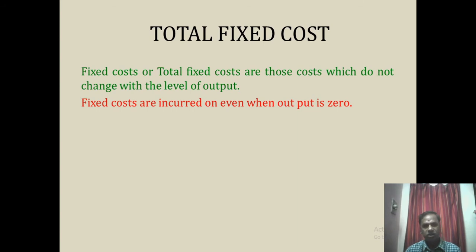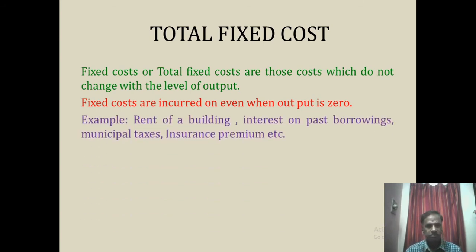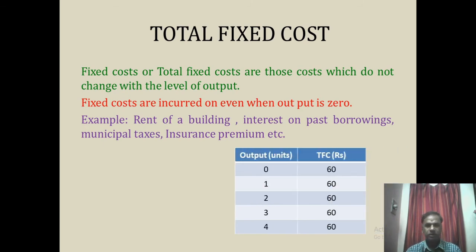Fixed costs are incurred even when output is zero. Examples: the rent of a building, interest on past borrowings, municipal taxes, insurance premium, etc. You see here in this table, the total fixed cost is constant.